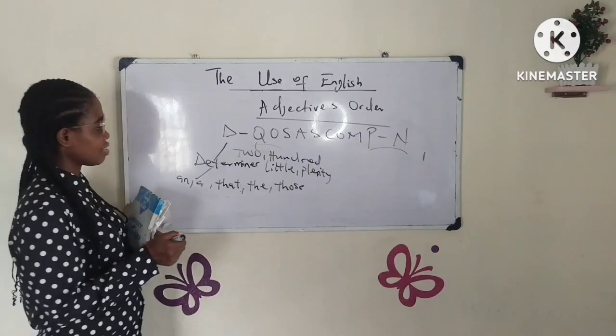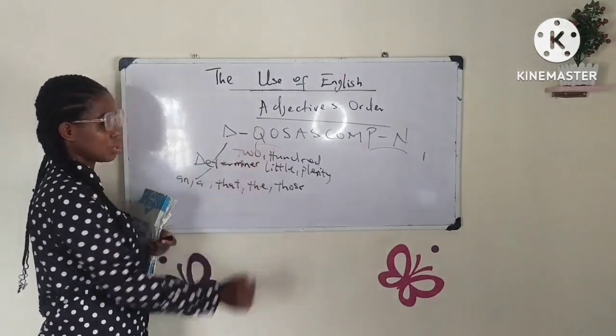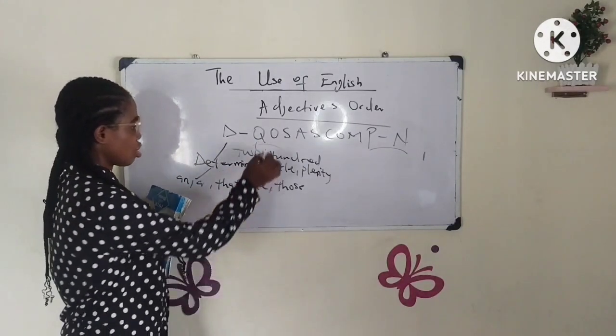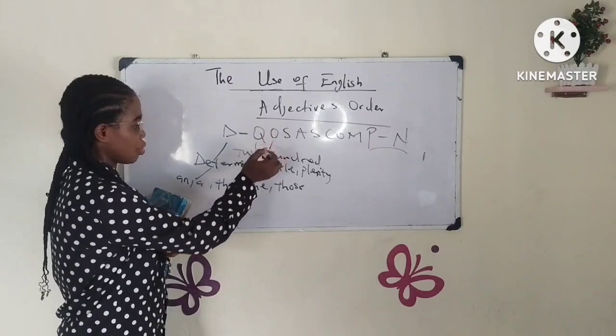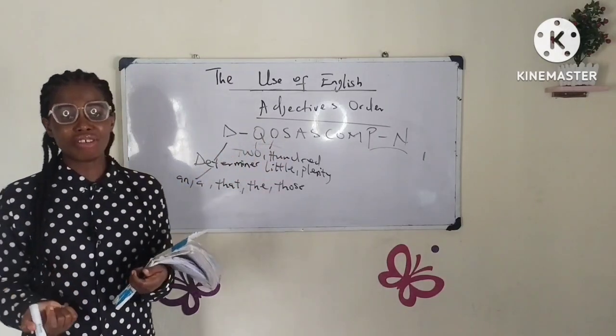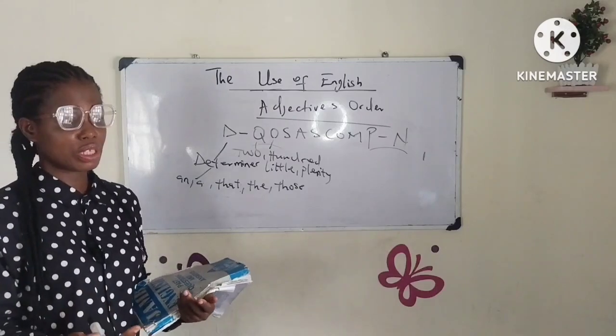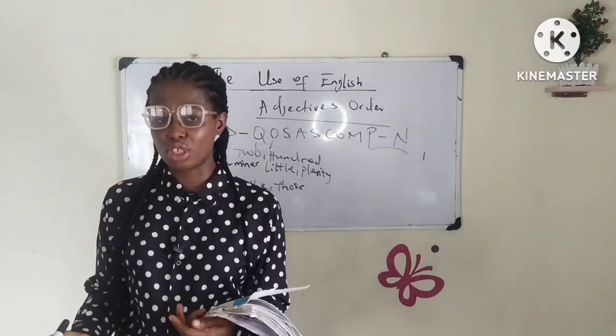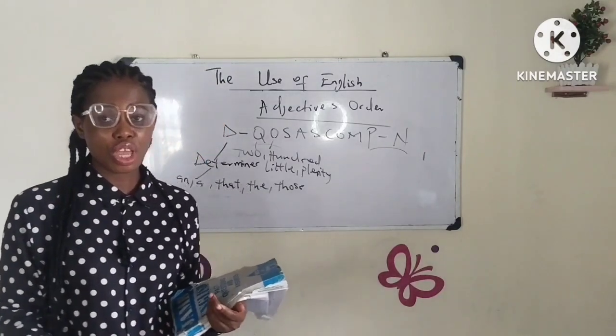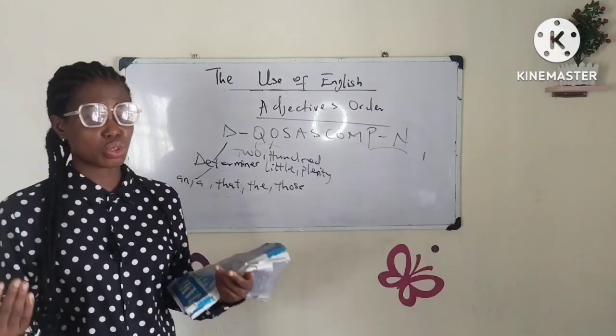Okay, now after quantity, what do you have next? You have opinion. Opinion words are words that are relative. For example, if I say something is beautiful, you may not consider the same thing to be beautiful. If I say something is boring, you may consider that thing to be interesting.